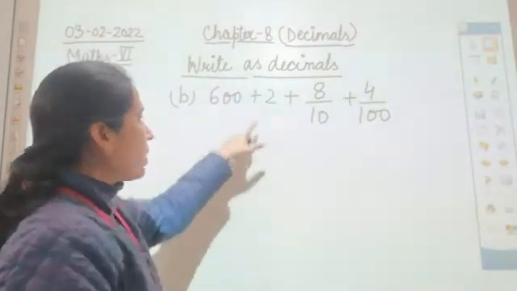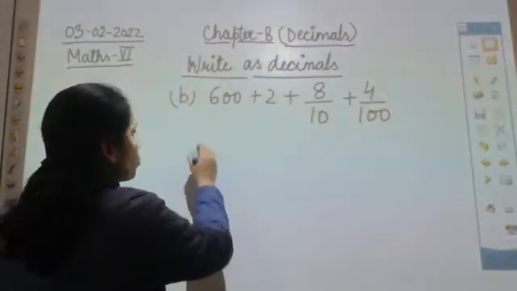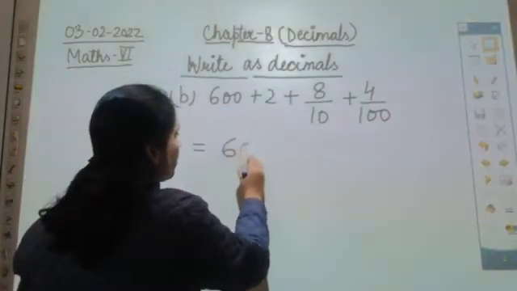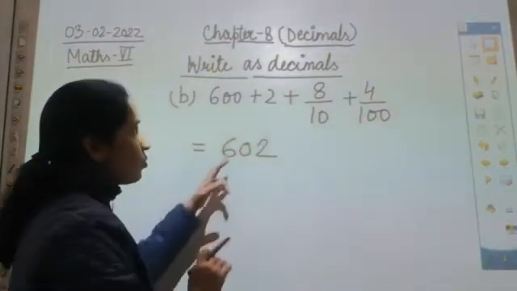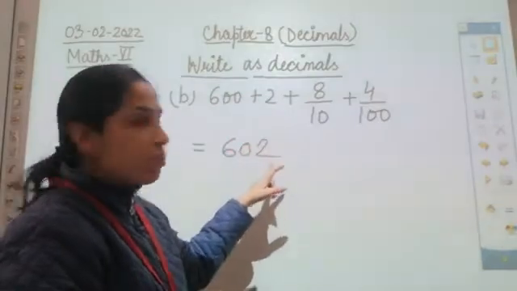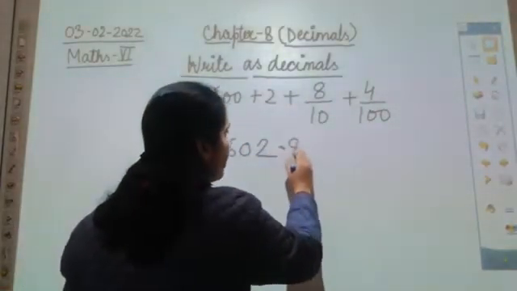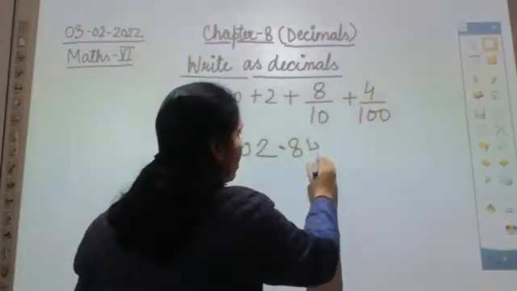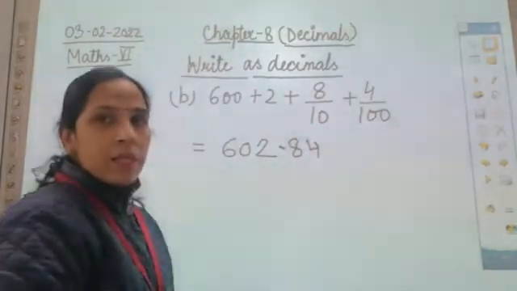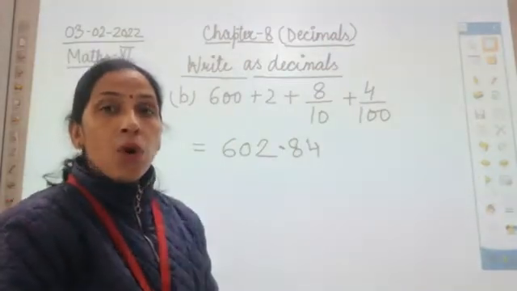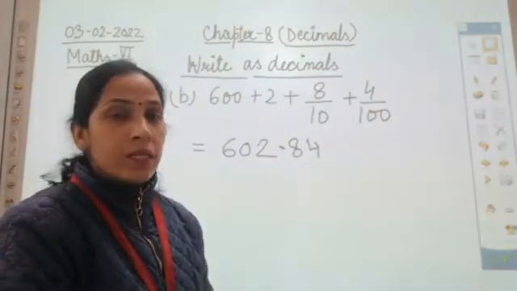The tens place is not there, and then we have 100. So this will become 602. The place which we do not have, in that place we are going to put 0. Then 0.8, tenths, and 4 hundredths. Tenths and hundredths.